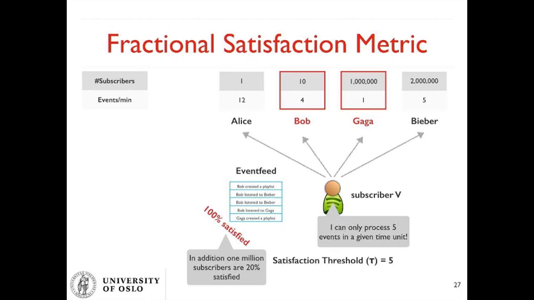But when Gaga is selected, again, 100% satisfaction is met. One more thing I want to emphasize here is that since Gaga has 1 million other subscribers, selecting Gaga would also contribute 20% to the satisfaction of 1 million other subscribers.